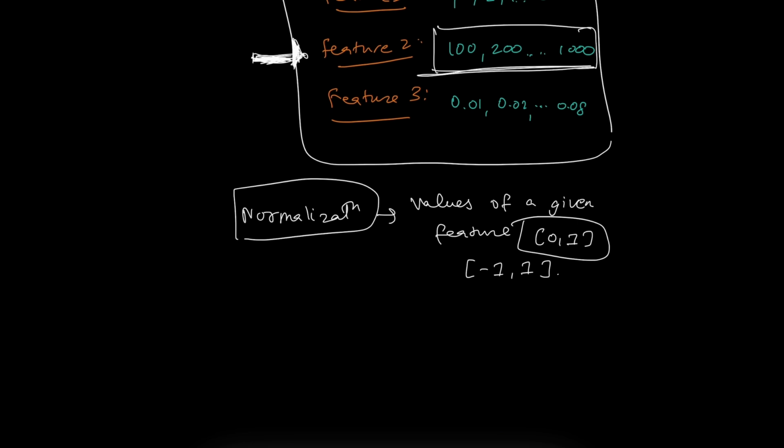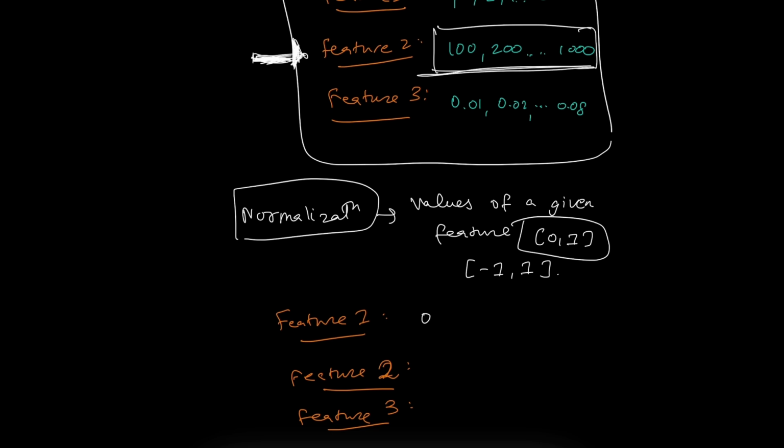So for all of our features, basically we will have a range between 0 to 1.